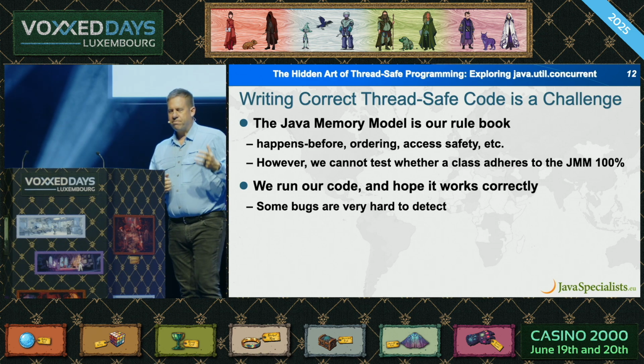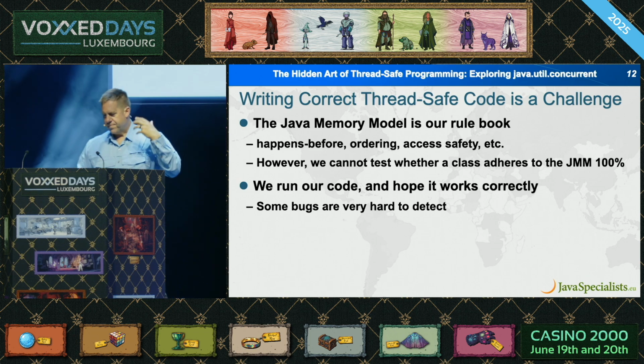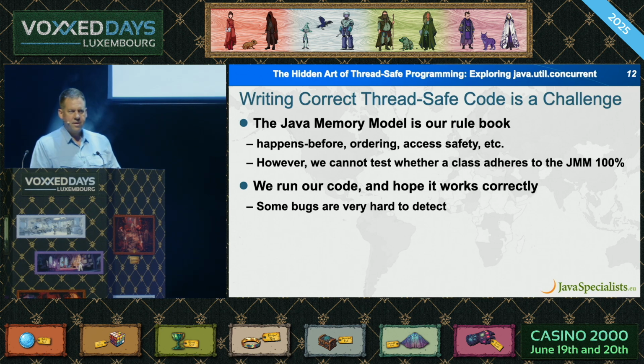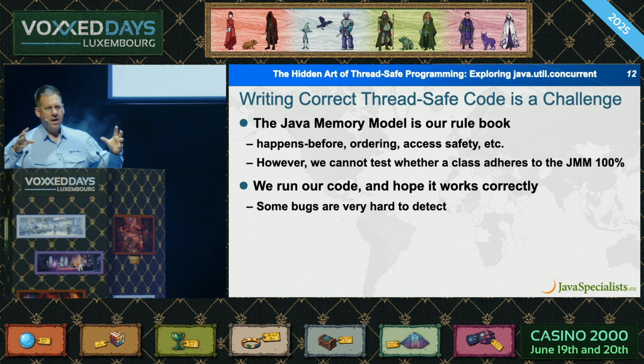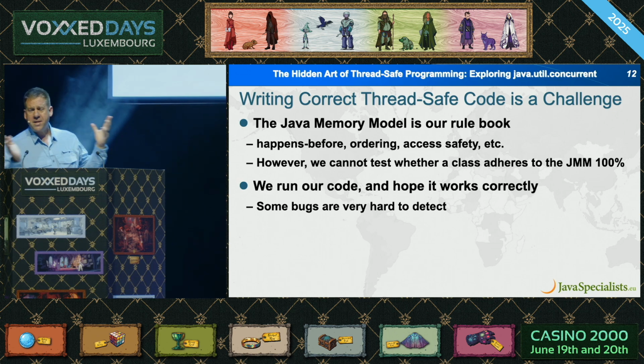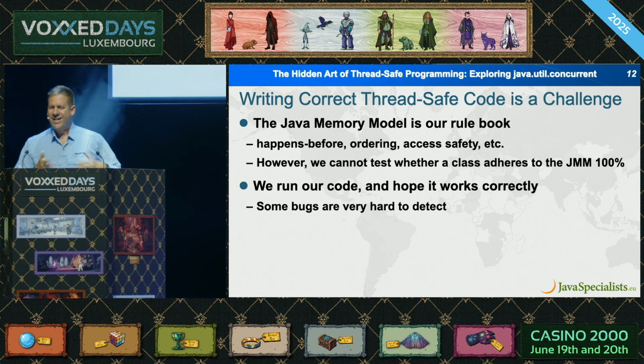The Java memory model has information about what happens before what, ordering, access, safety, and so on. It's basically the rule book for how threads interact with each other. How does memory get managed between threads? If threads never shared memory, we wouldn't need this rule book. But we've got this rule book.